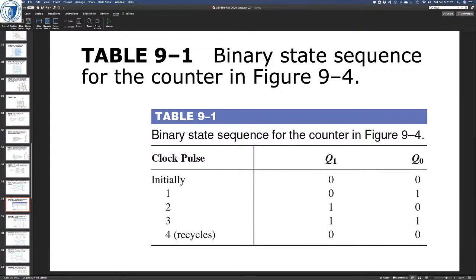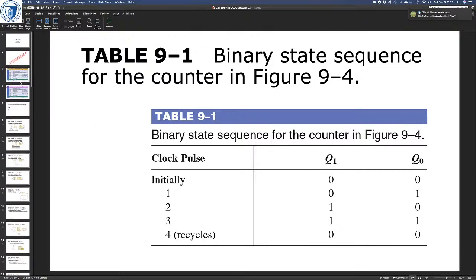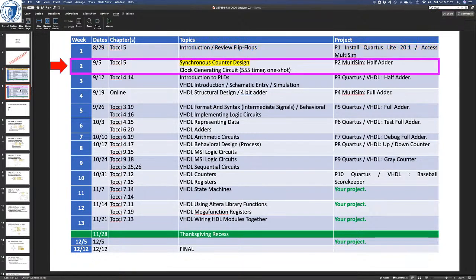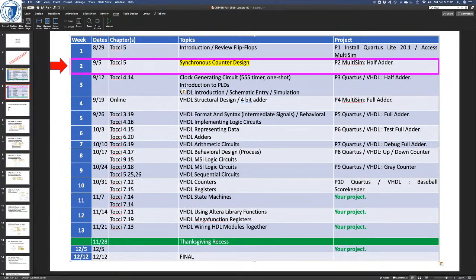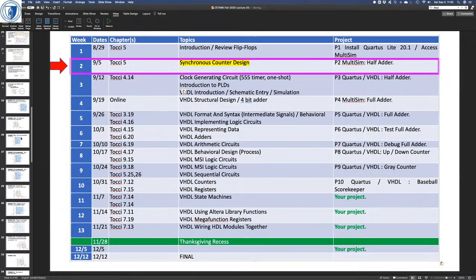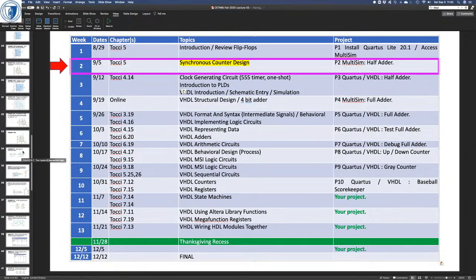Let me just go to my slides. So I've talked about that. I haven't talked about the clock generating circuit, so I'm going to have to move that off until next week, and I will talk a bit more about the Moore and Mealy machines next week.